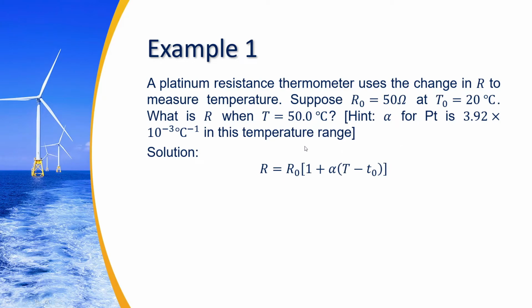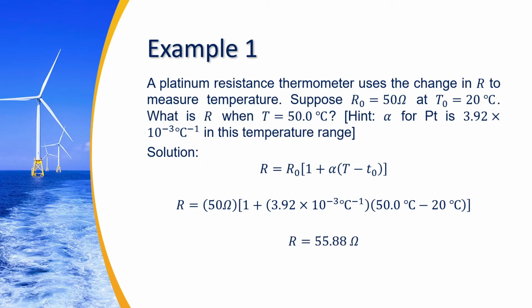Okay, so kapag dinirect substitute natin sa mga yan, ganito yung makukuha natin. Okay, so therefore, magiging sagot natin is 55.88 ohm. Okay, so that will be the resistance using this formula natin para sa mga temperature.